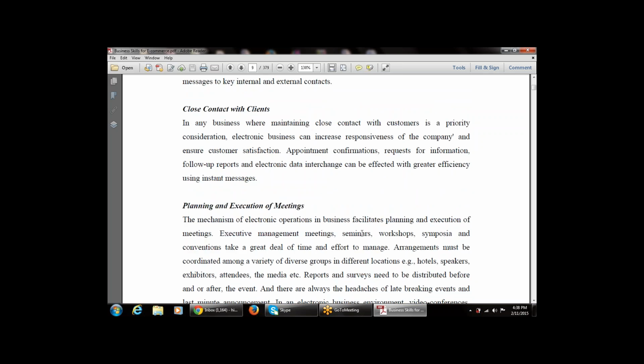Executive management meetings, seminars, workshops, symposia and conventions take a great deal of time and effort to manage. Arrangements must be coordinated among a variety of diverse groups in different locations, for example hotels, speakers, exhibitors, attendees, media, etc. So e-commerce helps in the planning and the execution of the meeting.